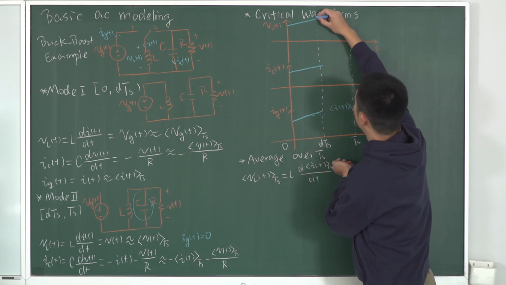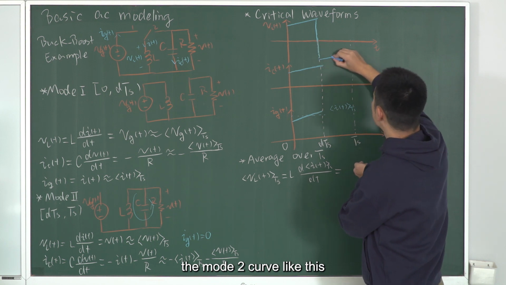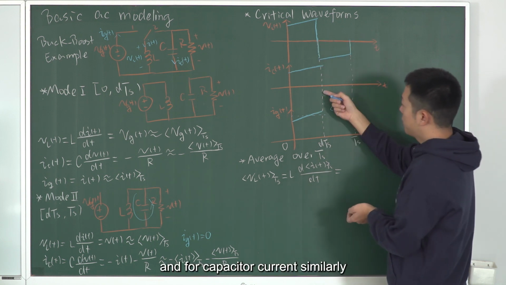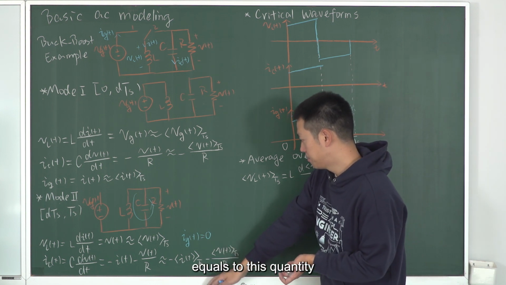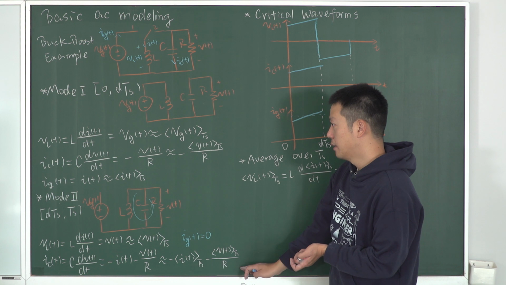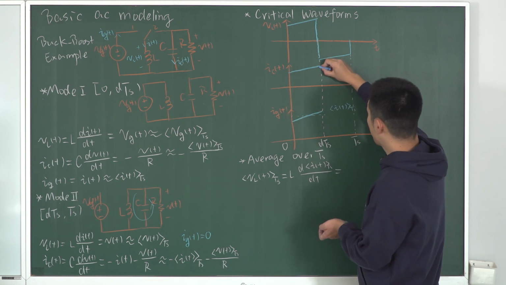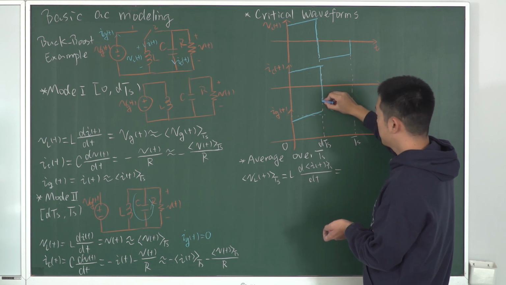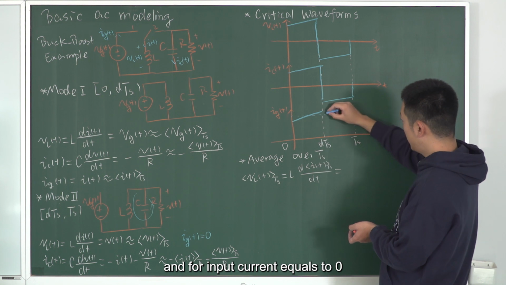So we'll have the mode 2 curve like this. And for the capacitor current, similarly, it equals this quantity, which is also a negative number. And the input current equals 0.